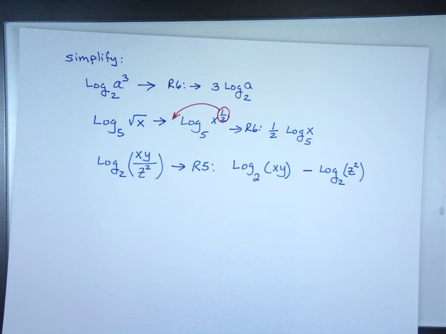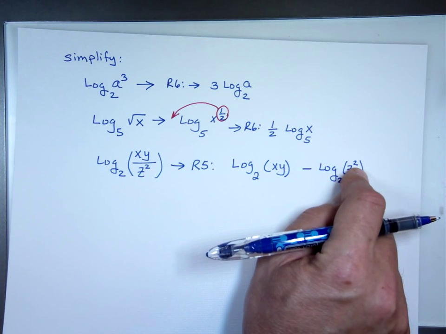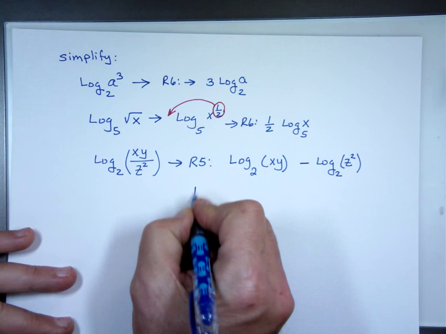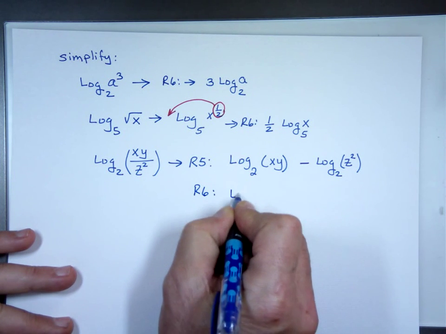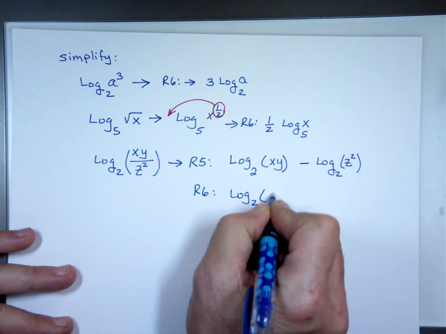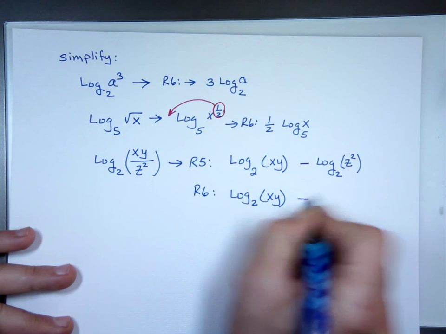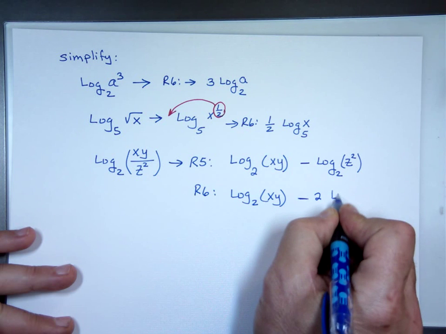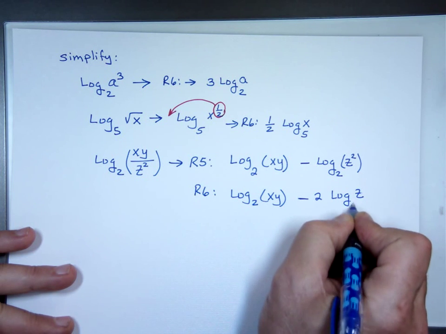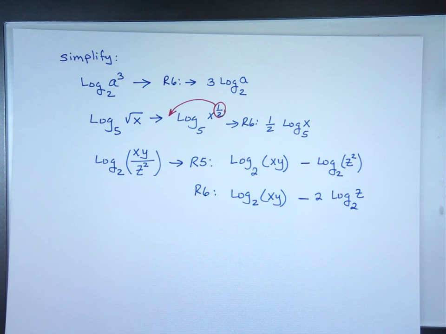Some of you probably see the 2 here. Go, I got that. That's rule 6, right? So if you apply rule 6 next, we can take the 2 to the front. Am I done simplifying? Which one? 4. Double multiplications. Isn't it x times y?